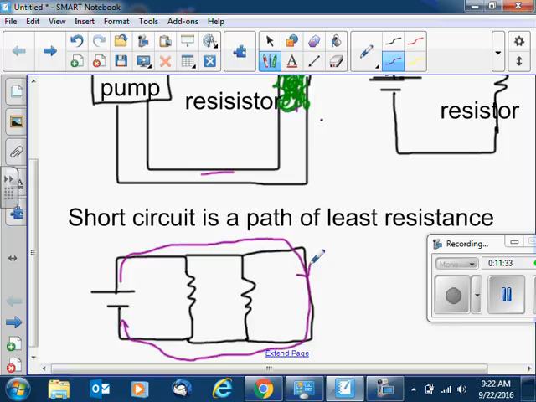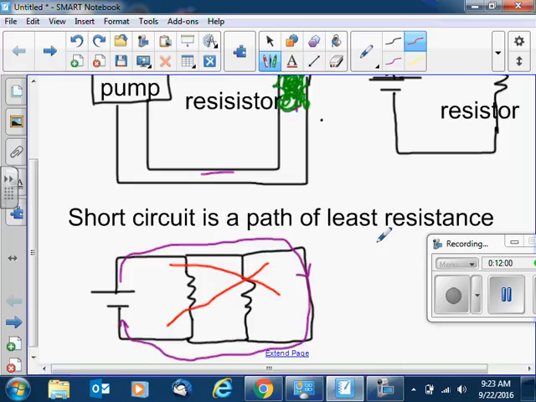Because there is no point to go through a resistor if you can avoid it. So in a very real sense, it would be like this part of the circuit does not even exist. Okay? I don't want to actually cross out that side. It's as if those two resistors are not there. Okay? So it's just going to go and take the path where there is no work to be done.